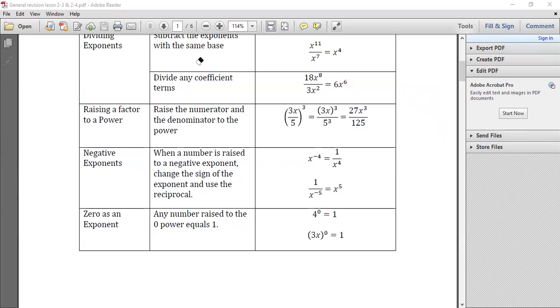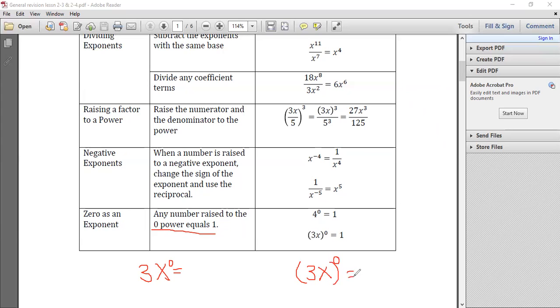For the next part, any number raised to the power of 0 equals what? Equals 1. So 4 to the power of 0 equals 1, and 3x all to the power of 0 equals 1. Let me give you a question, grade 8. Could you please tell me the answer if I have 3x to the power of 0, and 3x all to the power of 0?